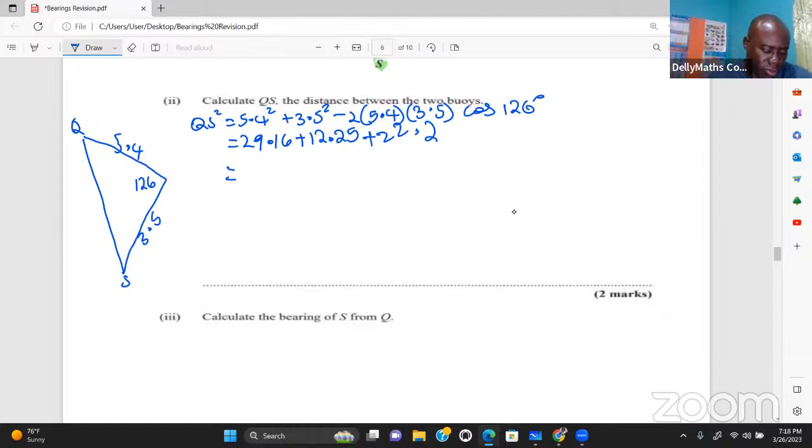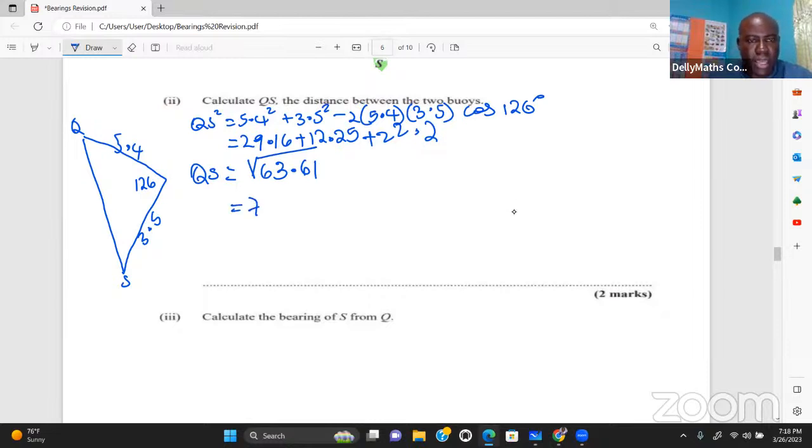Let's put it together. 29.16 plus 12.25 plus 22.2. We have a total of 63.61. So to find QS, we take the square root.